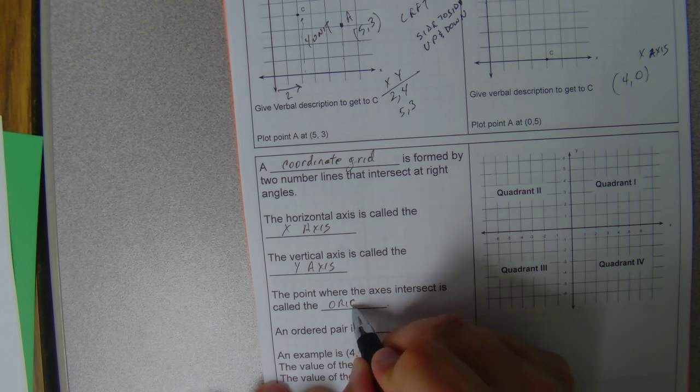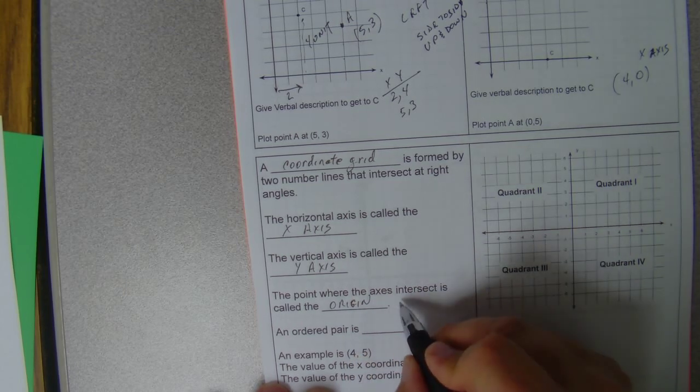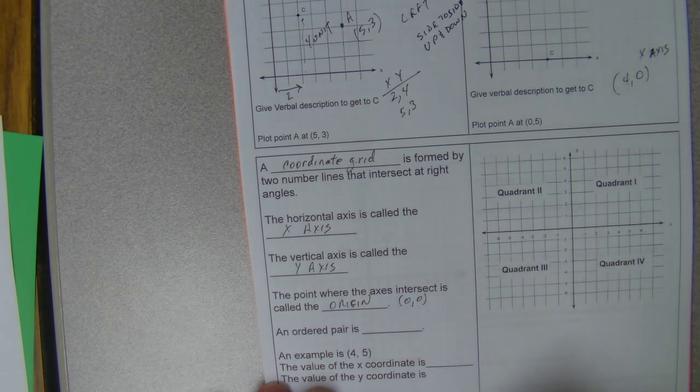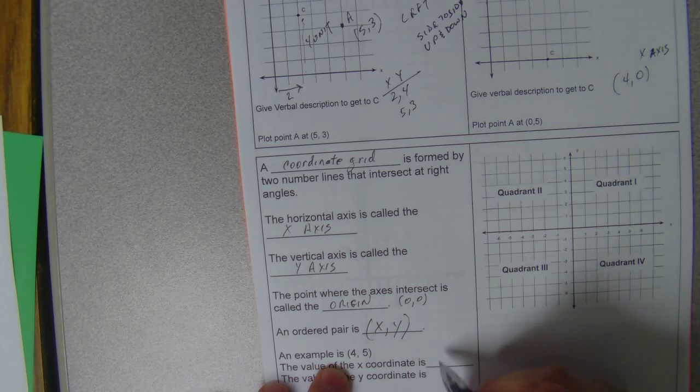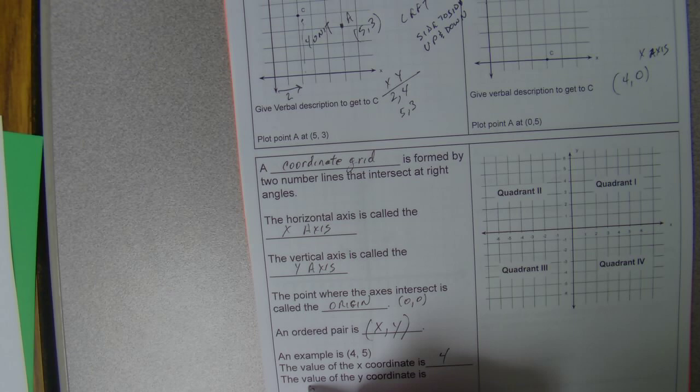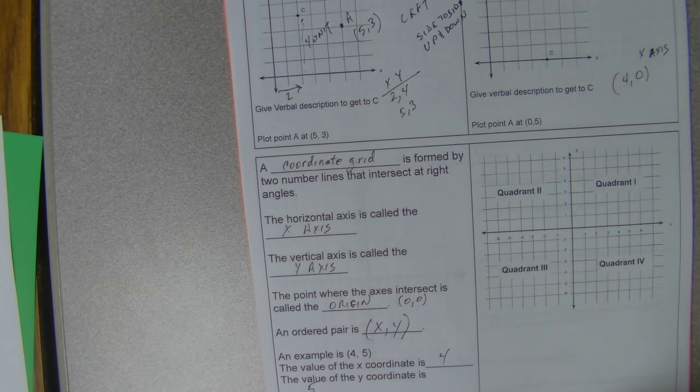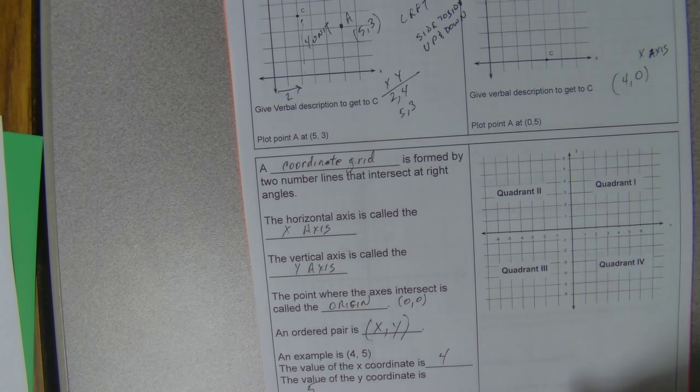Very important to start there. And it is 0, 0. An ordered pair is x first, always, then y. Example 4 and 5. This is 4. This is 5. And when graphing, you go left to right, up and down.